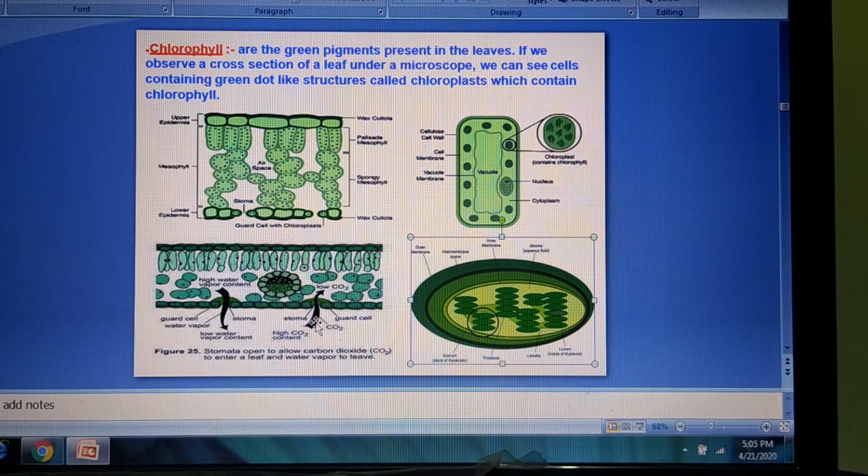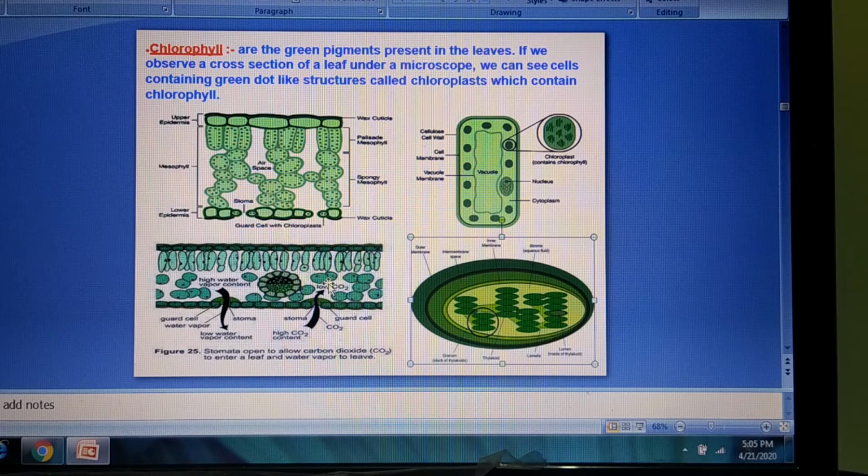Here you can see in between, a small opening is there. One pore is called a stoma. Many pores are called stomata. Through this one stoma, carbon dioxide enters inside and goes into the cell.